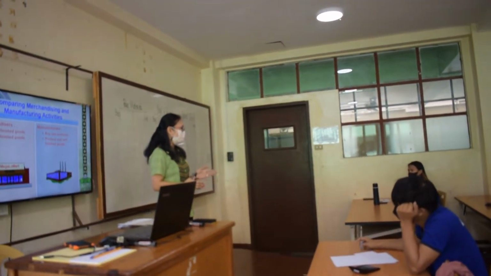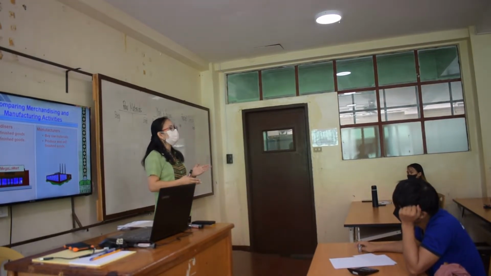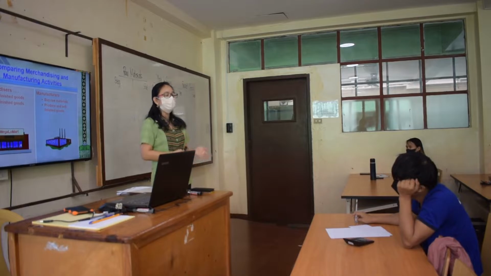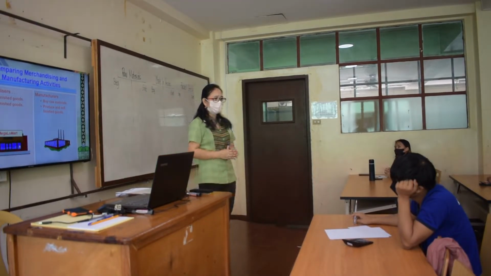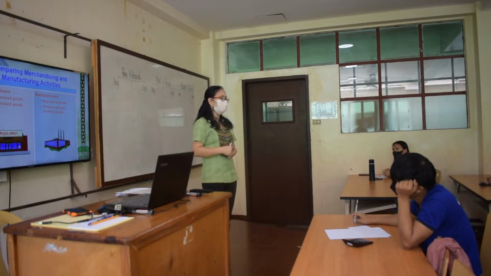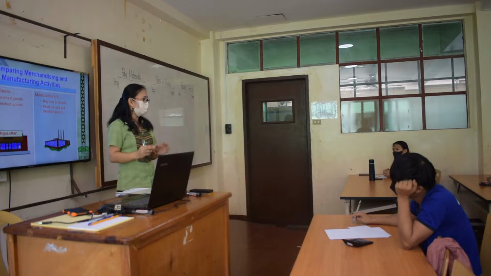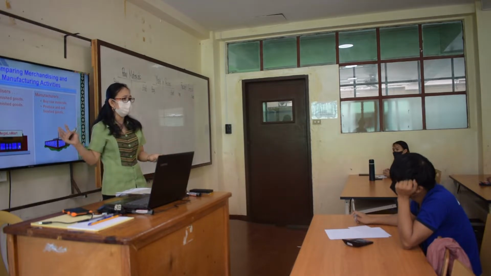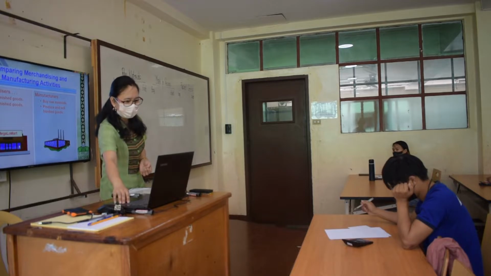It's buying and selling. But when it comes to manufacturing, they will buy or acquire raw materials and transform these raw materials into finished goods. That is the main activity of a manufacturing firm. But let's focus on manufacturing costs for now.